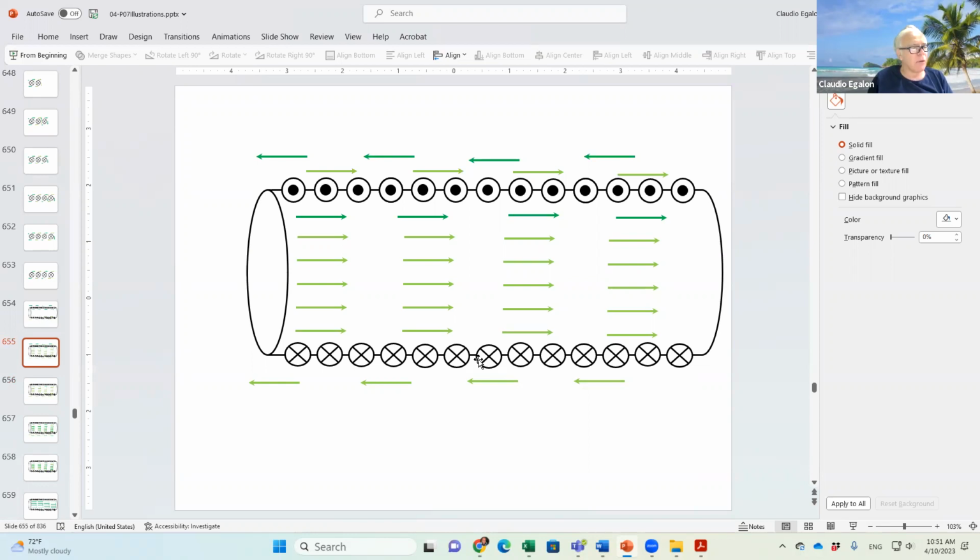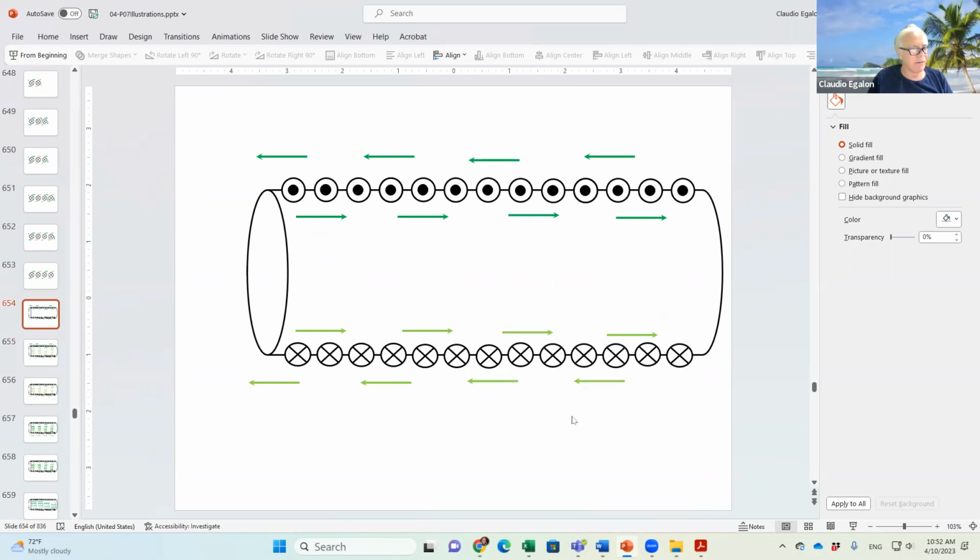Oh, and what else? Not only do the fields of those wires extend inside the solenoid. Let's see here what's going on. Yeah, it also extends above the top wires, right? Make sense? So here you go.